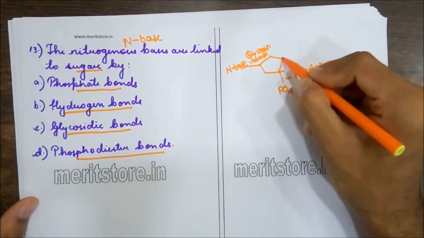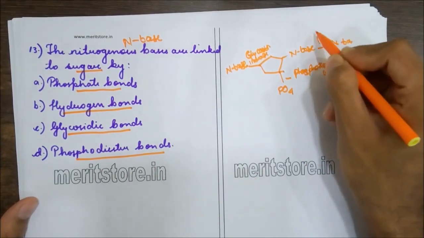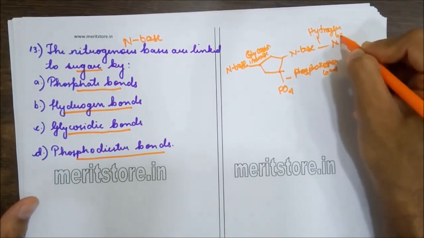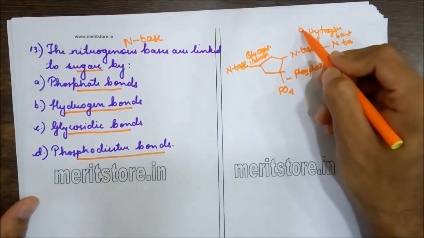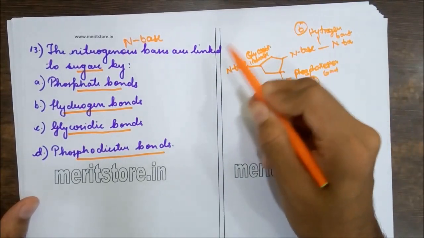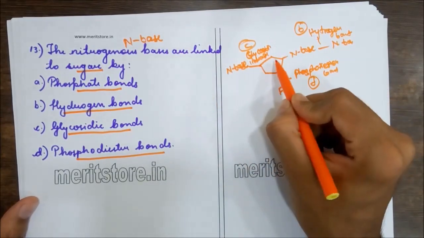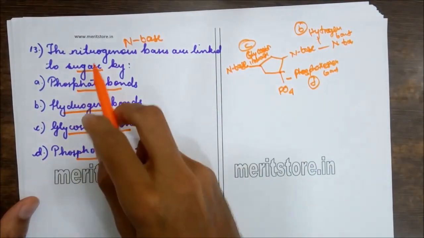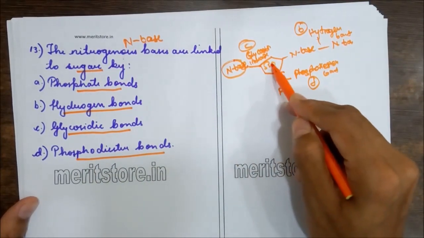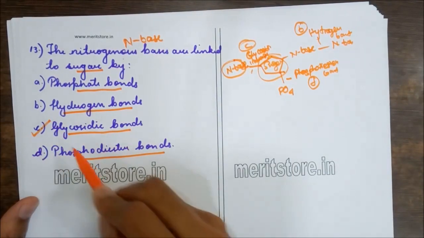And these two nitrogen bases are linked to each other by hydrogen bonds. So option B is hydrogen bonds, option D is phosphodiesterase, and option C is glycosidic linkage. So the correct option for this question, which states that nitrogen base which is linked to sugar, is by glycosidic linkage. So C is the correct answer.